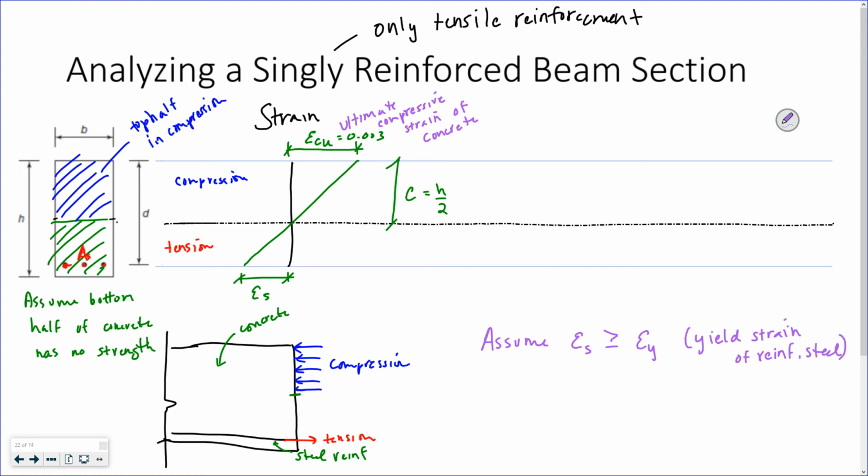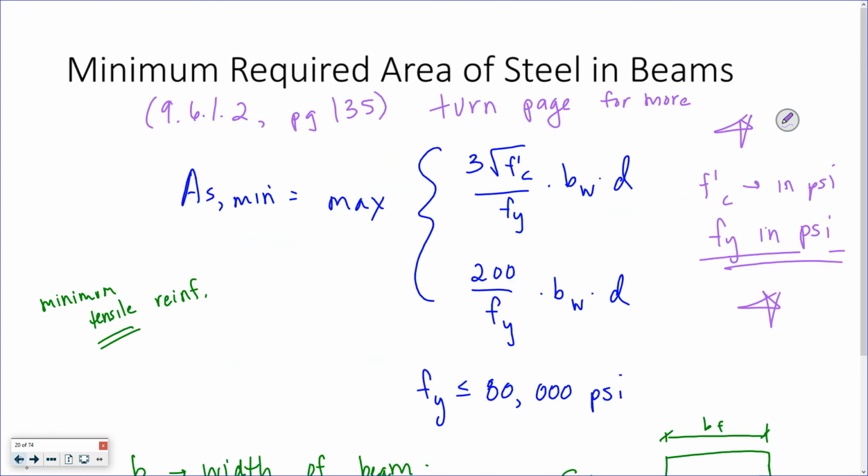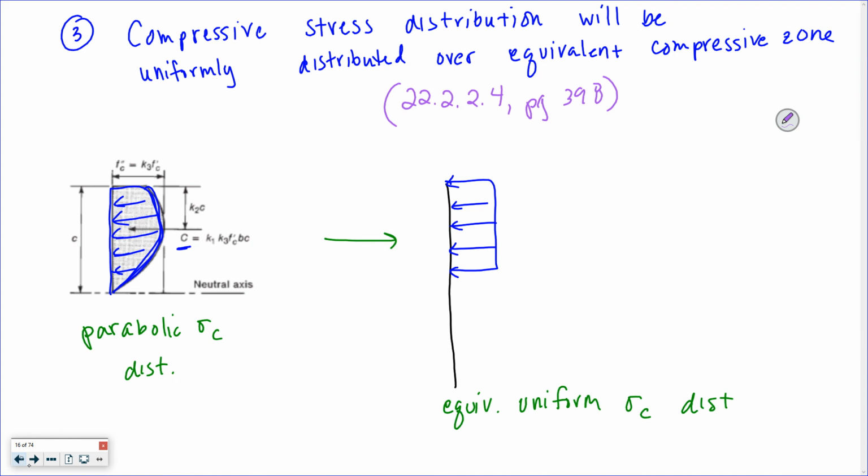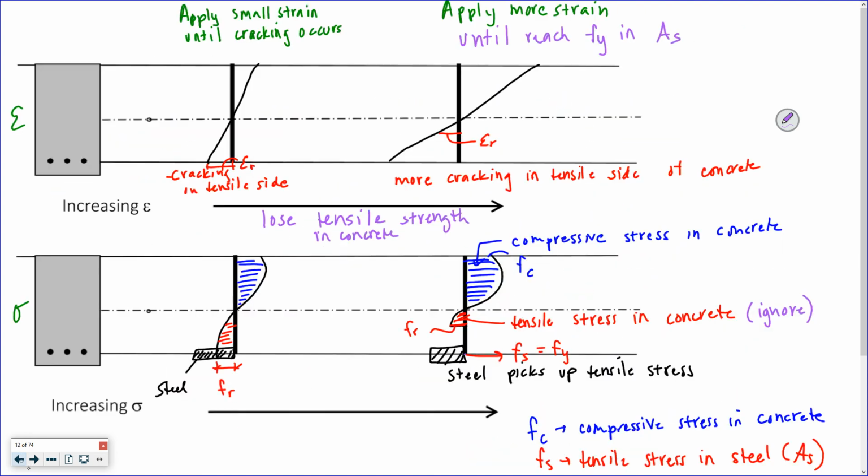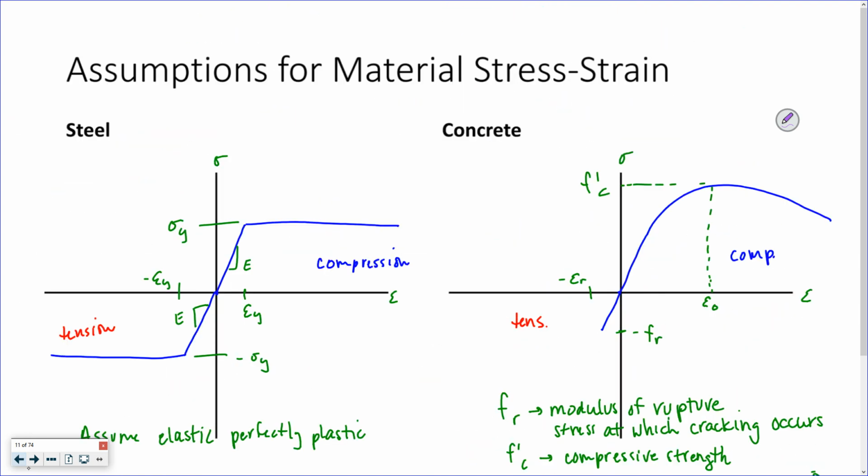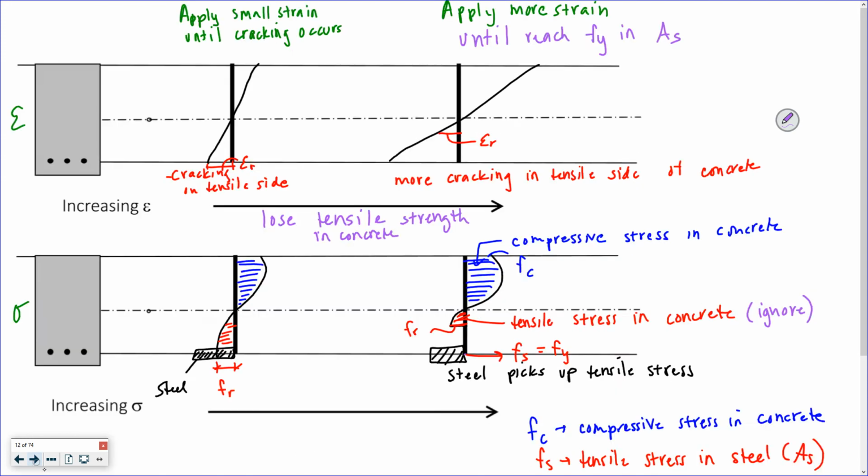What happens if I assume that my strain is above my yield strain? I'm going to go back to my stress-strain curve. What's the stress in my steel if I'm above the yield strain? I hope you're all shouting, yield stress.